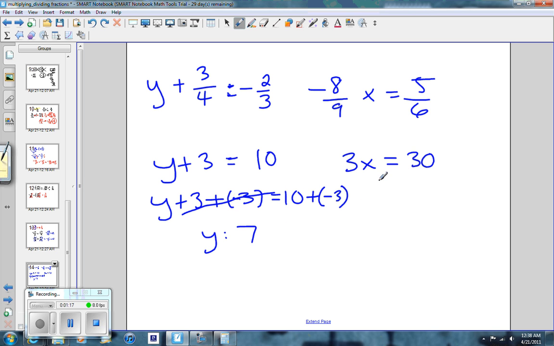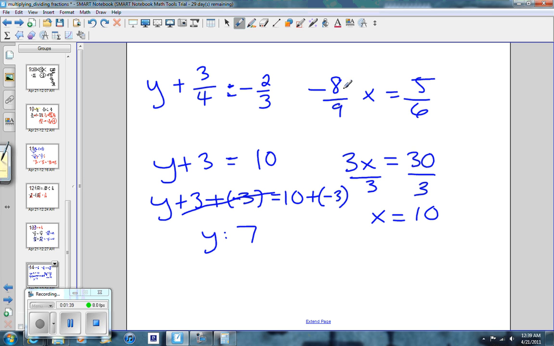So we did that. Over here, it was the opposite operation. For adding 3, we added negative 3. Some people choose to subtract. Over here, they're multiplying, so we divide. So you take that 3x, which is 3 times x, you divide by 3, x equals 10.